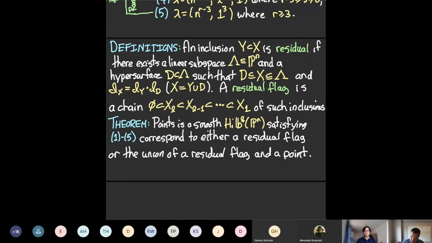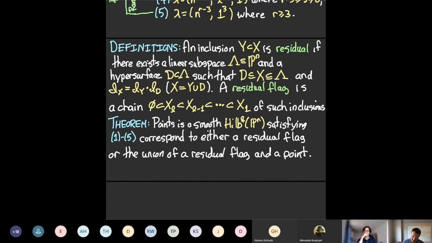In this case, we don't get an isomorphism between the classification of residual flags and a point. We only get a birational map. So if you take the parameter space for residual flags and you take the product with projective space, classifying a point, if the point doesn't lie on the residual flag, over that locus, it's isomorphic to the Hilbert scheme.